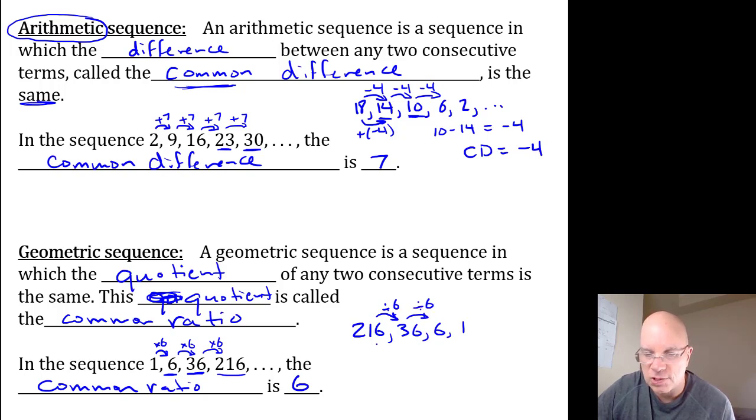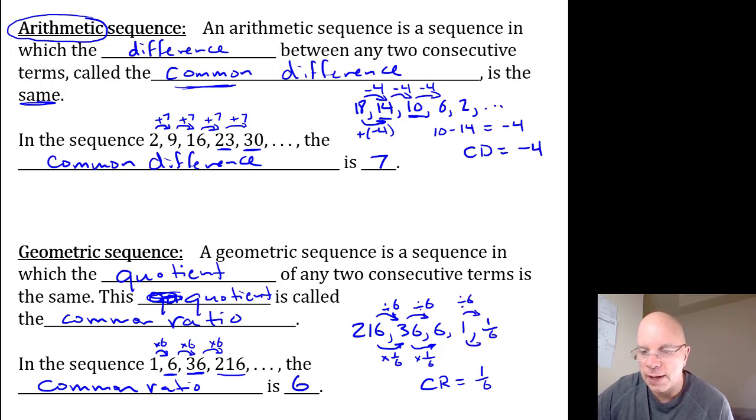But we know dividing is the same as multiplying by the reciprocal. So this is times 1/6. So in a situation like this, the common ratio would be the reciprocal of 6, or 1/6. In fact, wouldn't the next term in the sequence be 1/6? Because 1 divided by 6, or 1 multiplied by 1/6, is just 1/6.